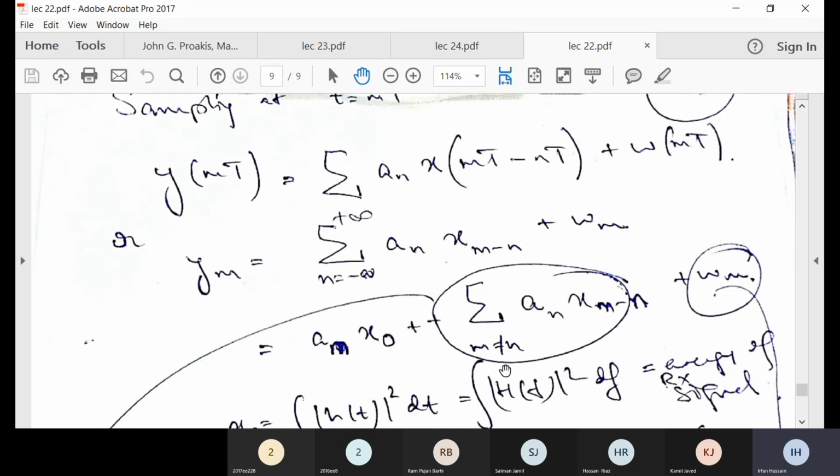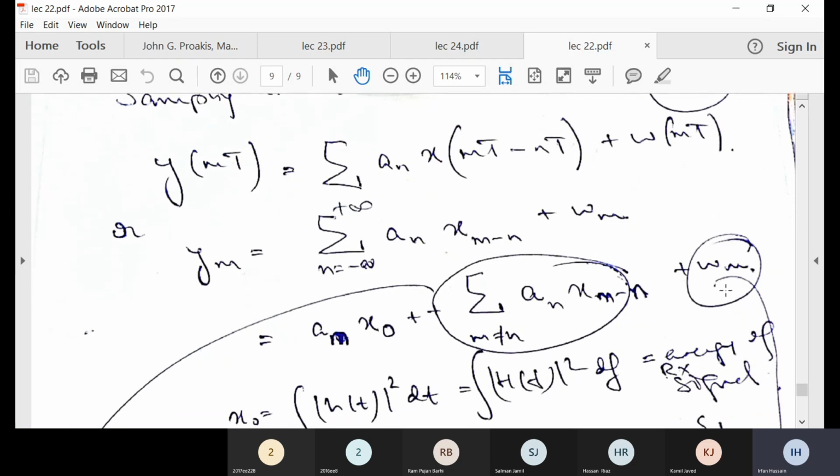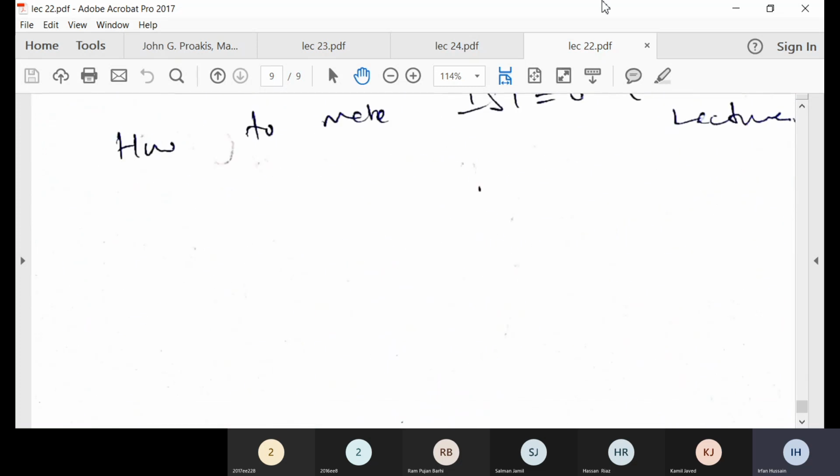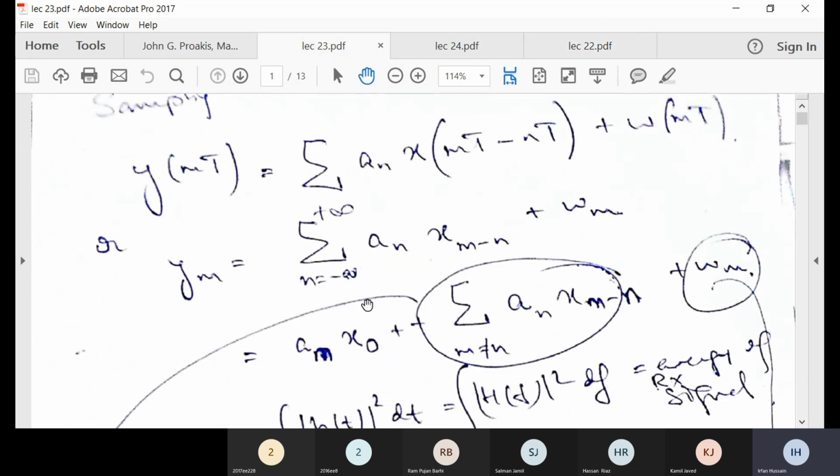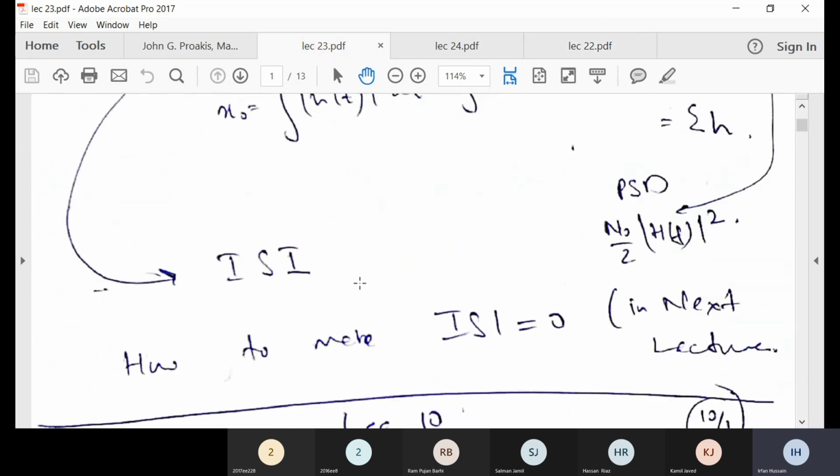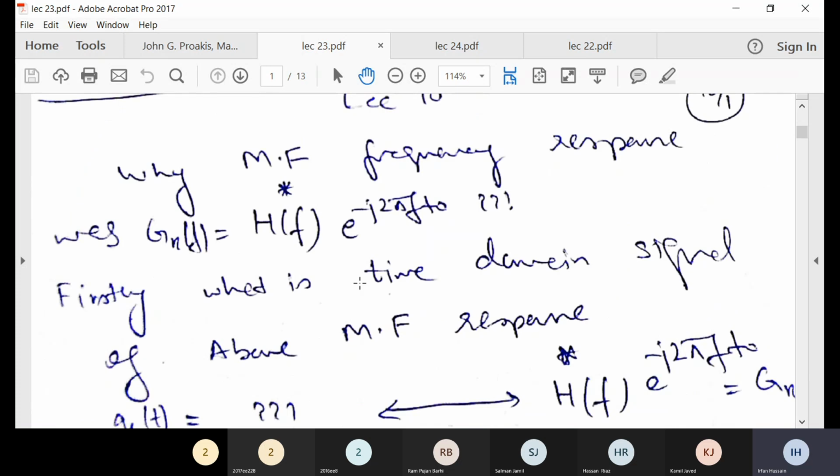All these other terms are not needed, and that is why it is called inter symbol interference, while this is your noise. All of this was discussed in the last lecture. In this lecture we will start from the same point. We also discussed in the last lecture what a match filter is.